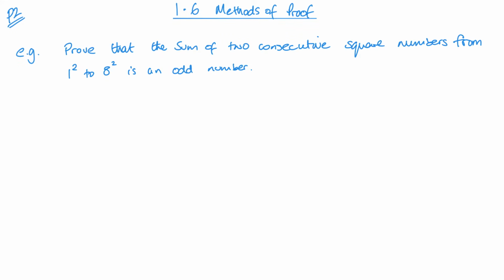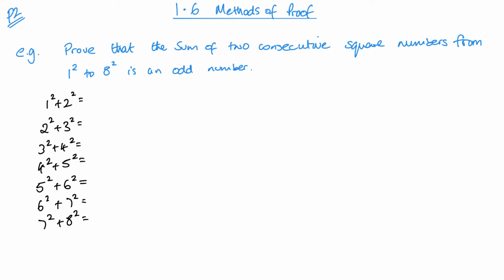Okay, this example here is prove that the sum of two consecutive square numbers from 1 squared to 8 squared is an odd number. So this is one where I want to go with the exhaustive route. There's only a limited number of combinations that I can have. They have to be consecutive square numbers. So 1 squared plus 2 squared, 2 squared plus 3 squared, and so on.